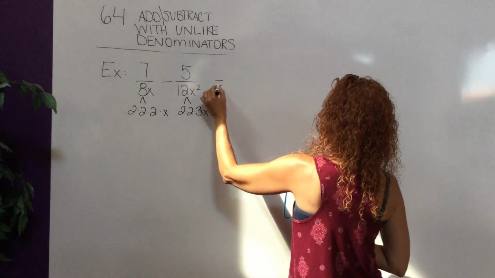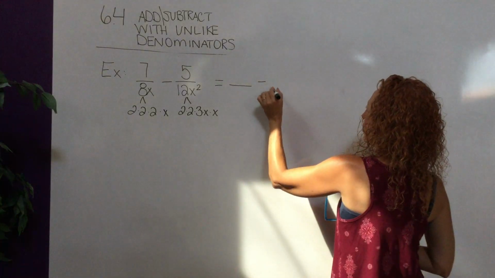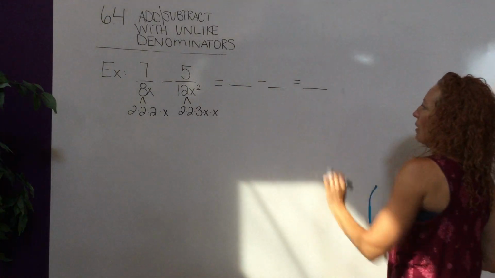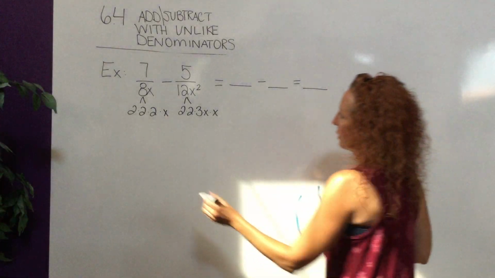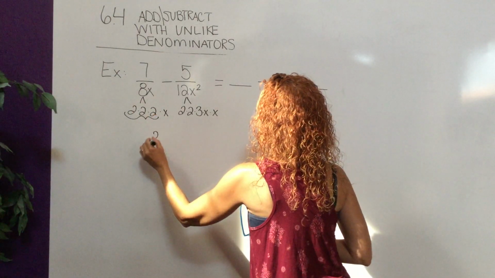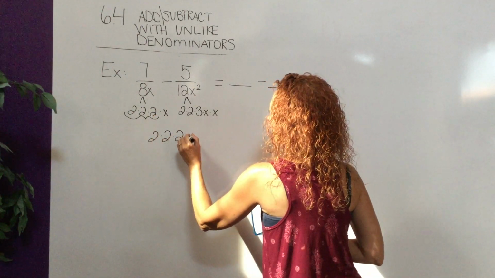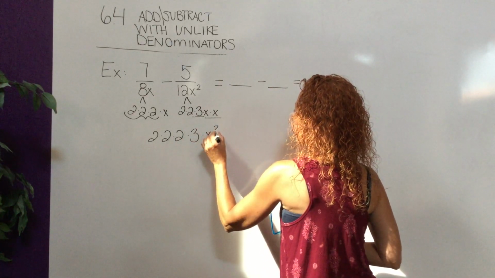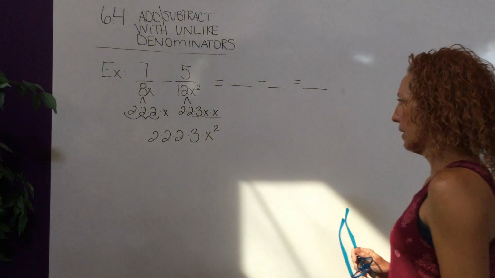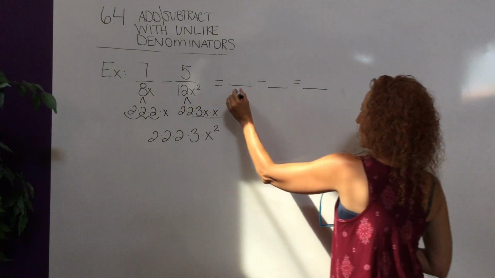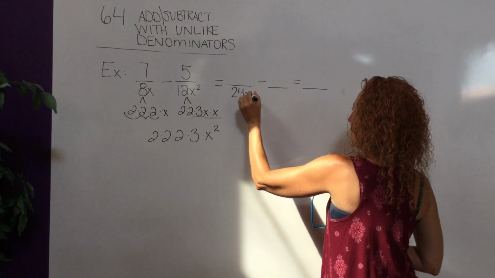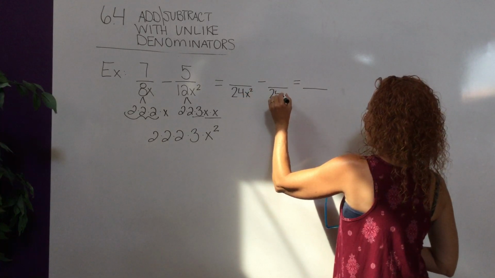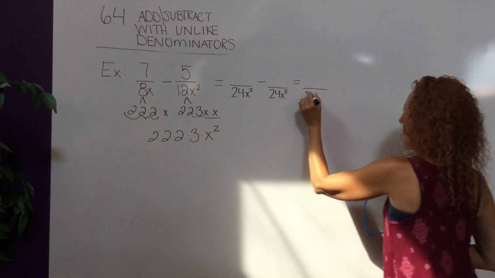So my common denominator will need 3 2's, a 3, and x squared. So 8 times 3 is 24x squared. So I can go ahead and put that right here, and right here.